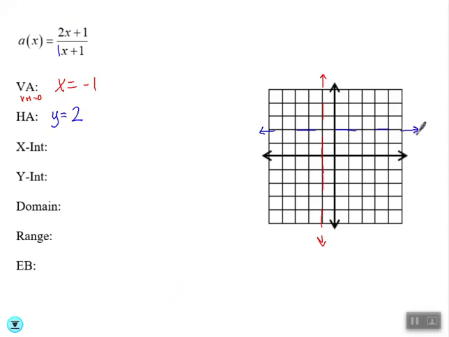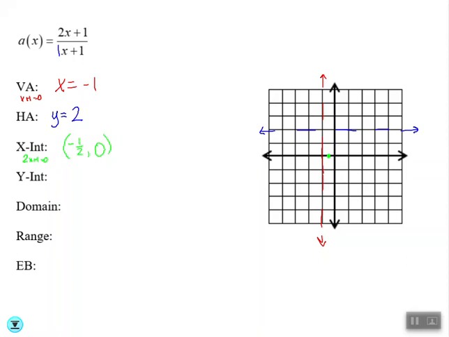For our x-intercept, we want to set the numerator equal to 0 and solve. So if you have 2x plus 1 equals 0, you solve that, you get x equals negative 1/2. So that is our x coordinate. So negative 1/2, 0, is our x-intercept.